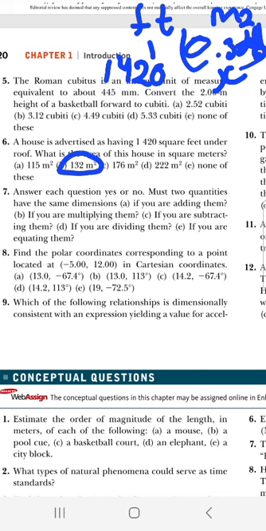I just have to see the angle. A little diagram to help you visualize: you can see this is -5 and this is 12. So it is in the second quadrant, and whenever I'm measuring theta, I always measure it anti-clockwise, so it will be this whole angle.